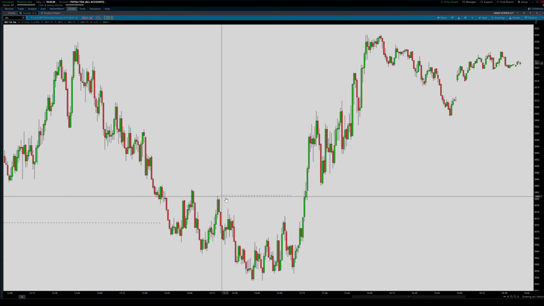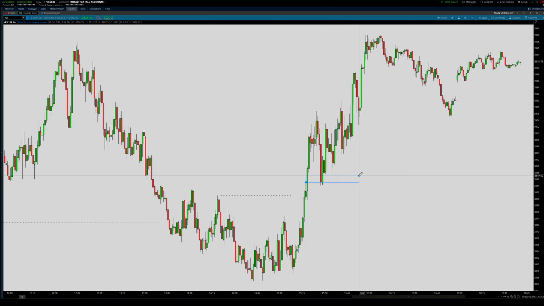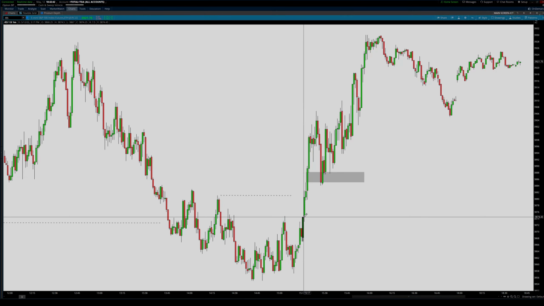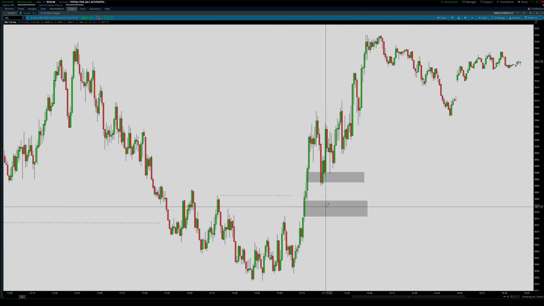So we break this market structure here after taking out the liquidity. We get a retracement right here into this fair value gap, right? So we have one there, one there. So you would take a lighter position there, expecting that it could come back down into here.